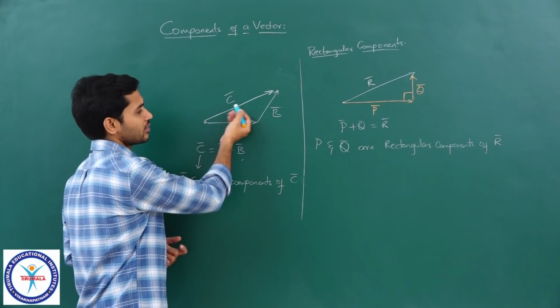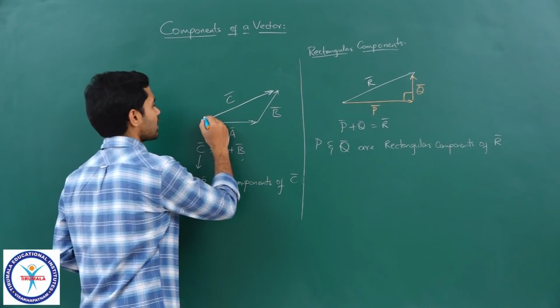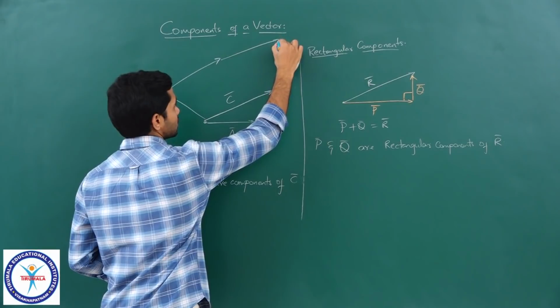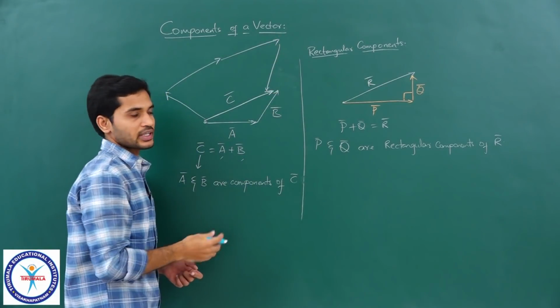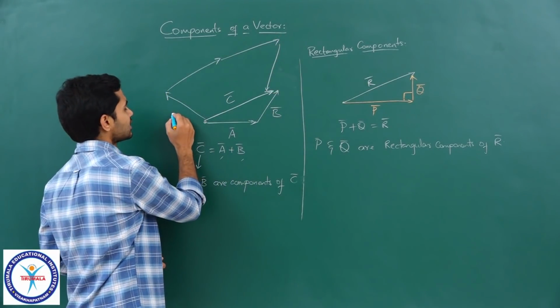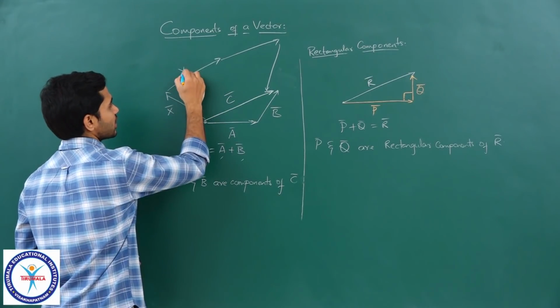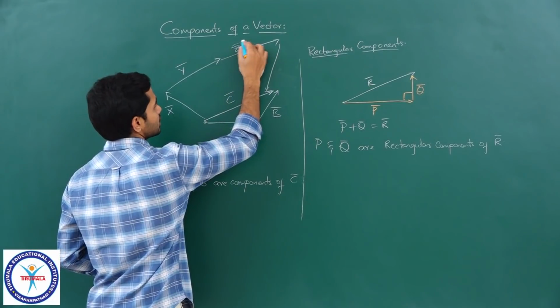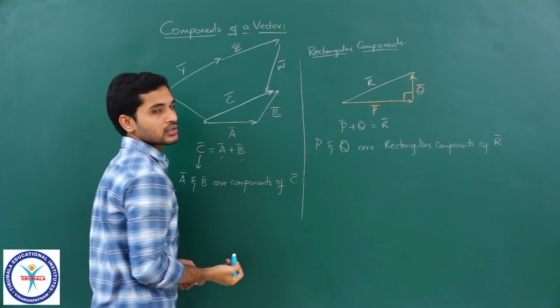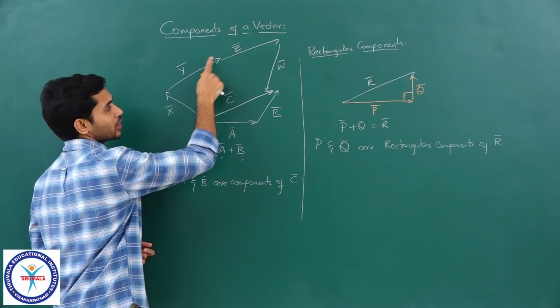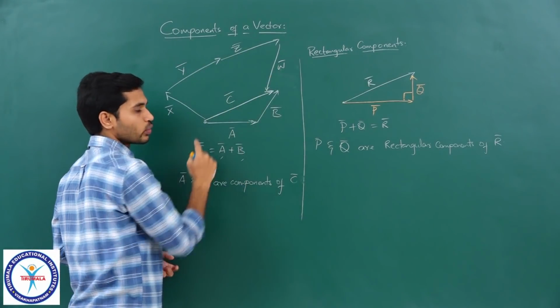So, you can even write this C bar as this vector plus this vector plus this vector plus this vector also, correct. You can say that this is, let us say, x bar, y bar, z bar, w bar, correct. And you can say that x bar plus y bar plus z bar plus w bar is equal to C bar.